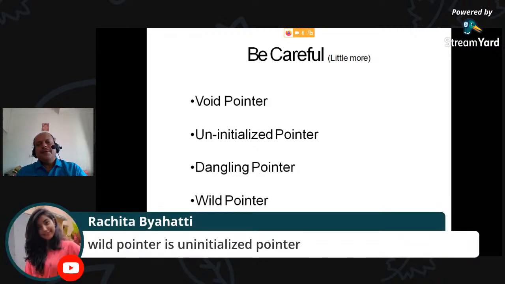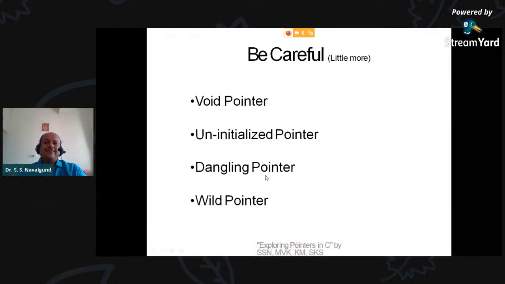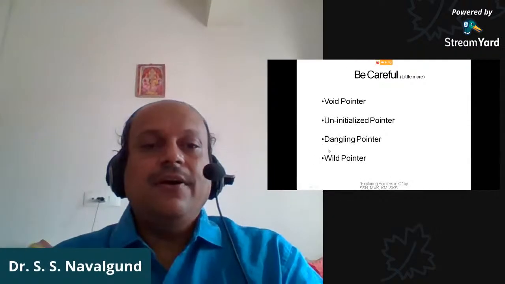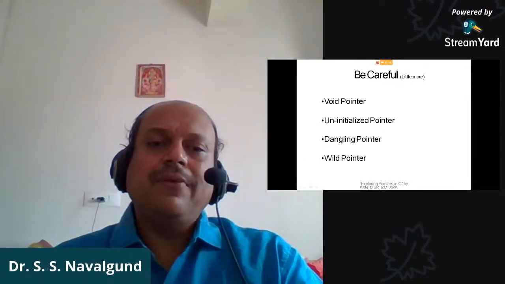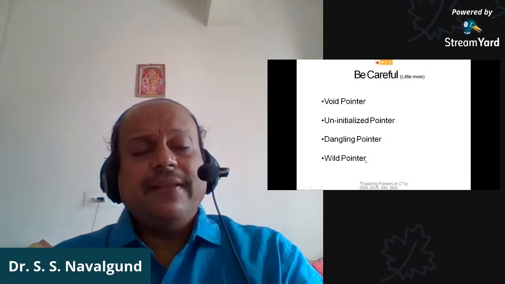In one sense, maybe yes, but more appropriately, a wild pointer is another name for a dangling pointer. So both of them are technically the same. So I want to repeat this once again.